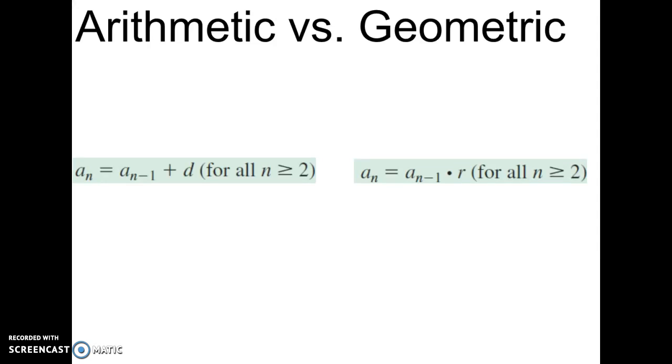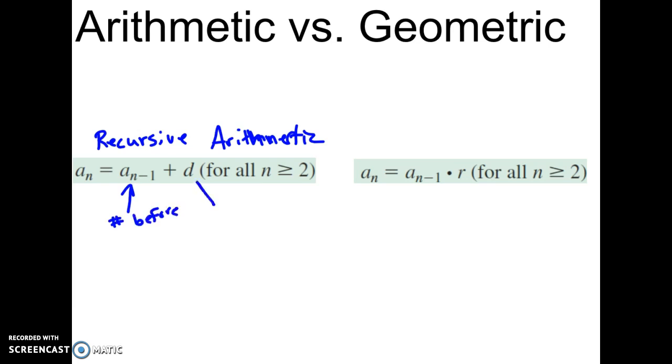Okay, so we have a of n equals a of n minus 1 plus d. This is recursive for arithmetic. Basically this is the number before, and then this is what we call the common difference.